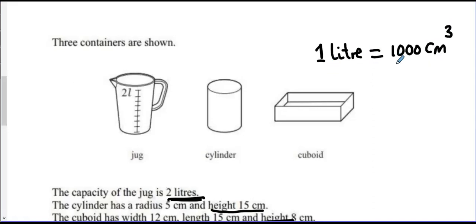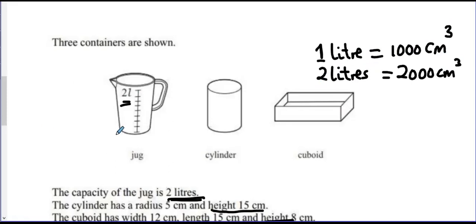If 1 liter equals 1,000 centimeter cube, how about 2 liters? You can cross multiply and see that 2 liters will be equal to 2,000 centimeter cube.